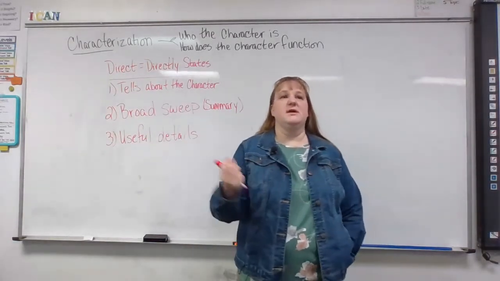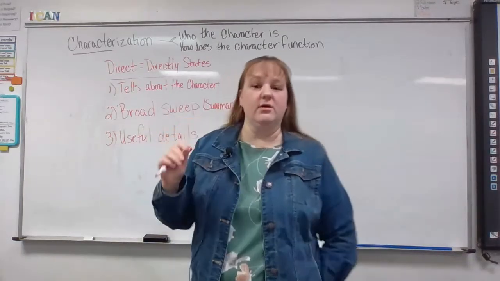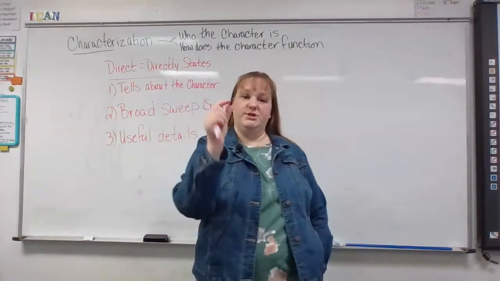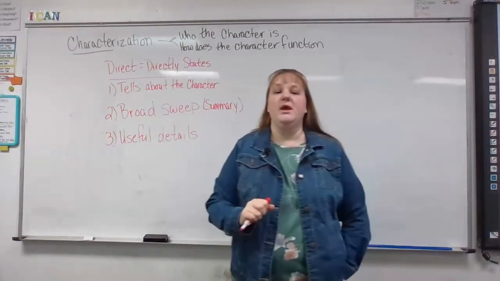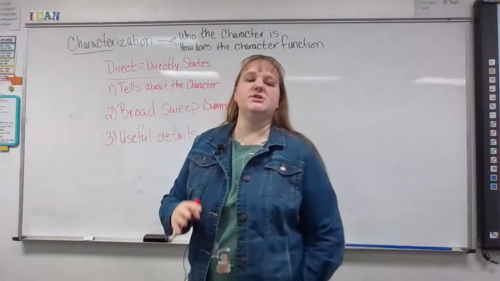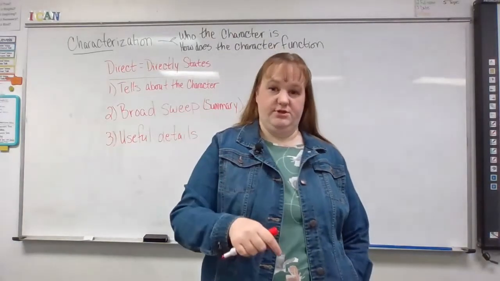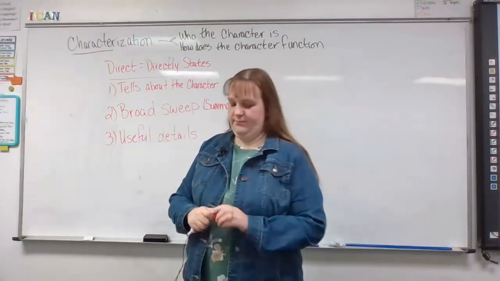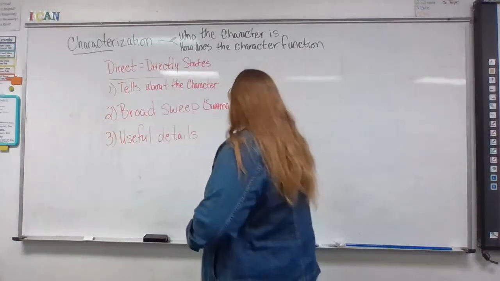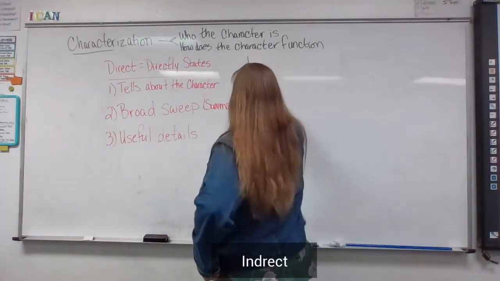These could be things like the young lady with the brown eyes and blonde hair. Okay? It's very short, sweet, and to the point. And it also comes at the beginning of the story. Direct characterization is usually put forward in the exposition portion.